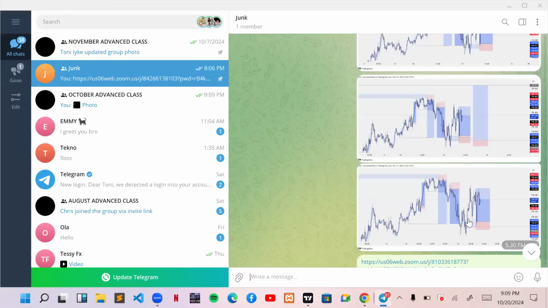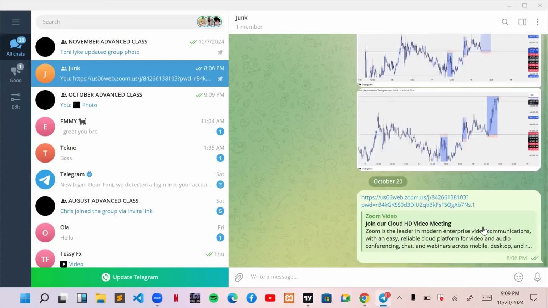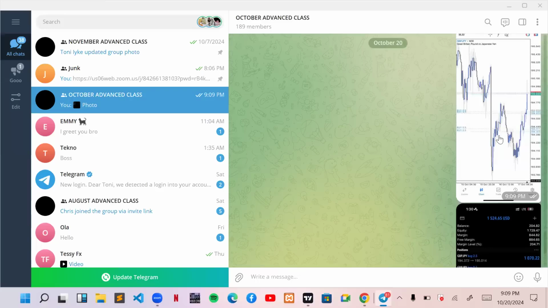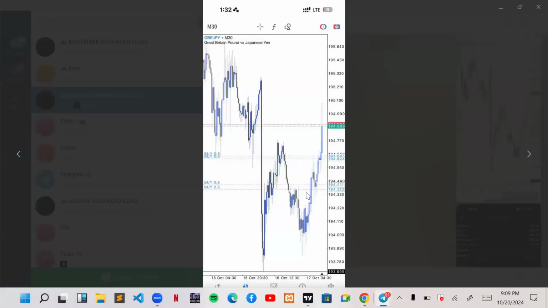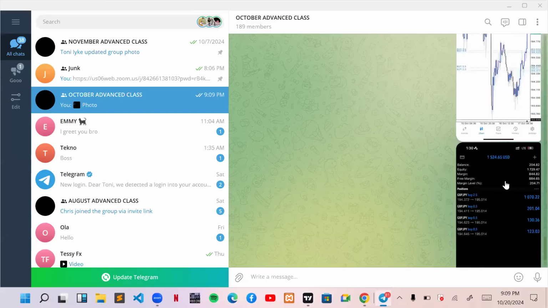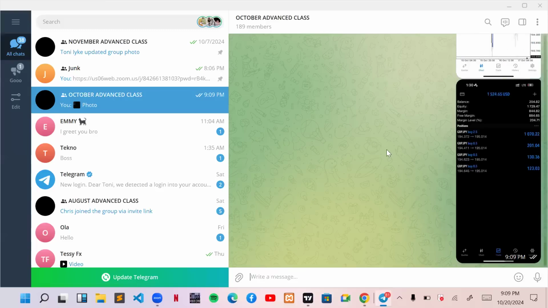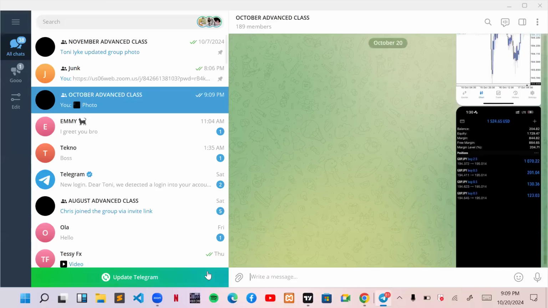So this is it. I have the MT5 structure. So pay attention, this was where the entry, this breaker block. This was the MT5 structure for this breaker block trade. So that is it.